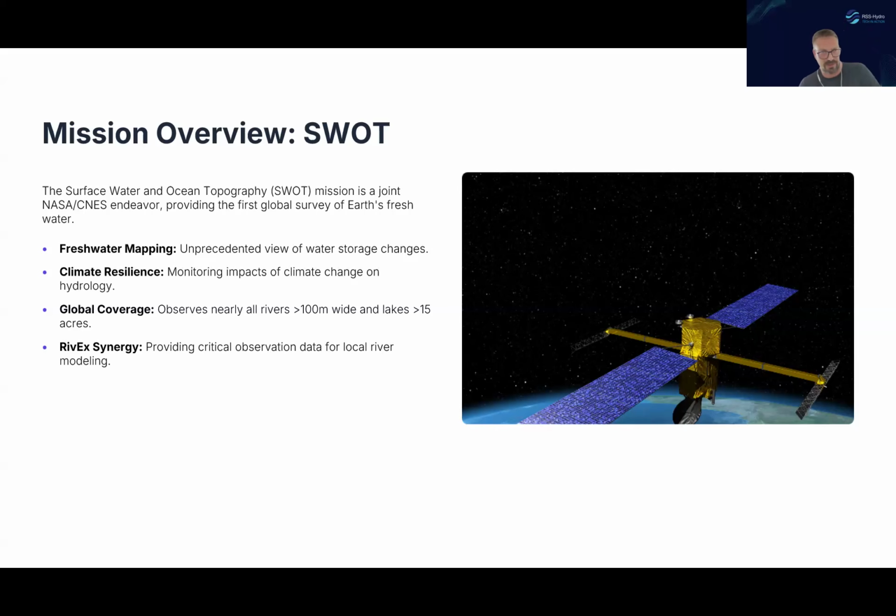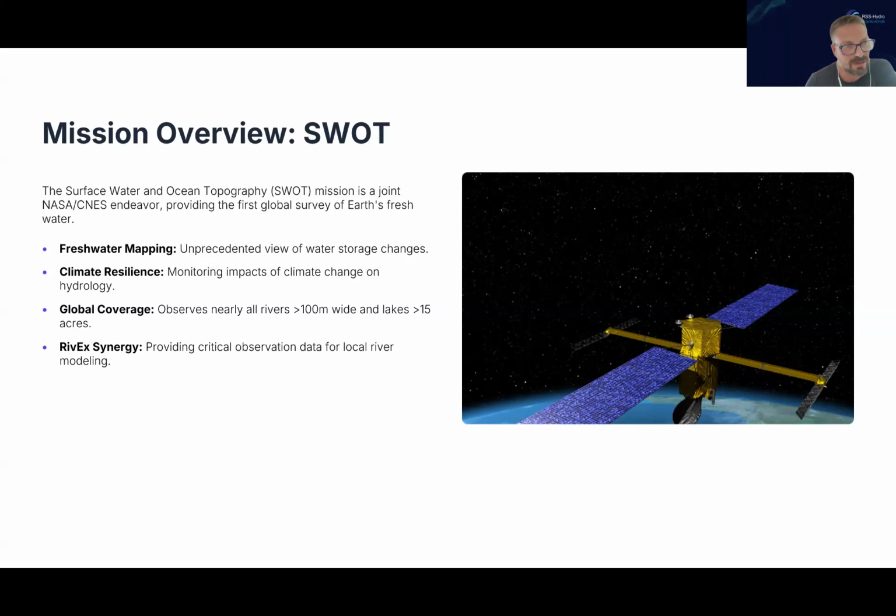So the global coverage is clearly mind blowing, because actually the 100-meter wide rivers, I think, is more like 50 now, or between 50 and 100. The lakes, don't ask me. I think it should be something like 100 by 100 meters.